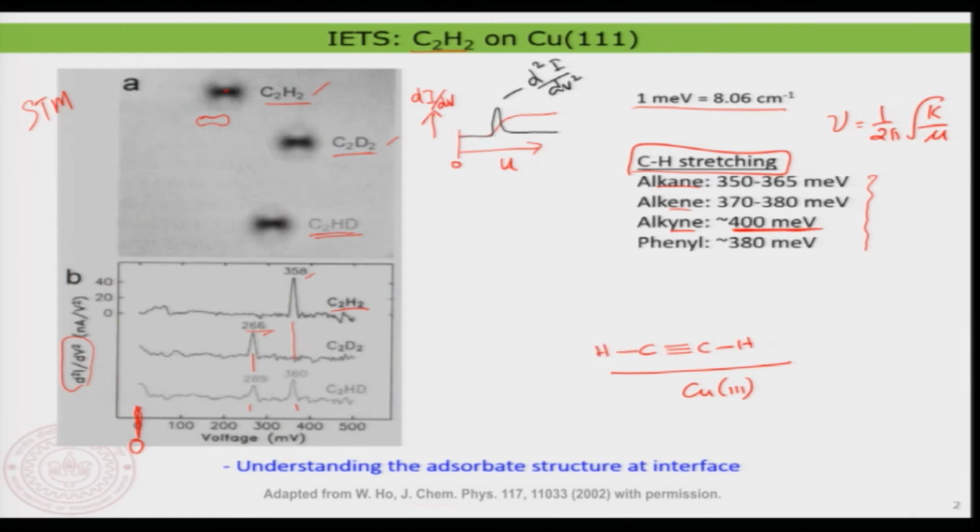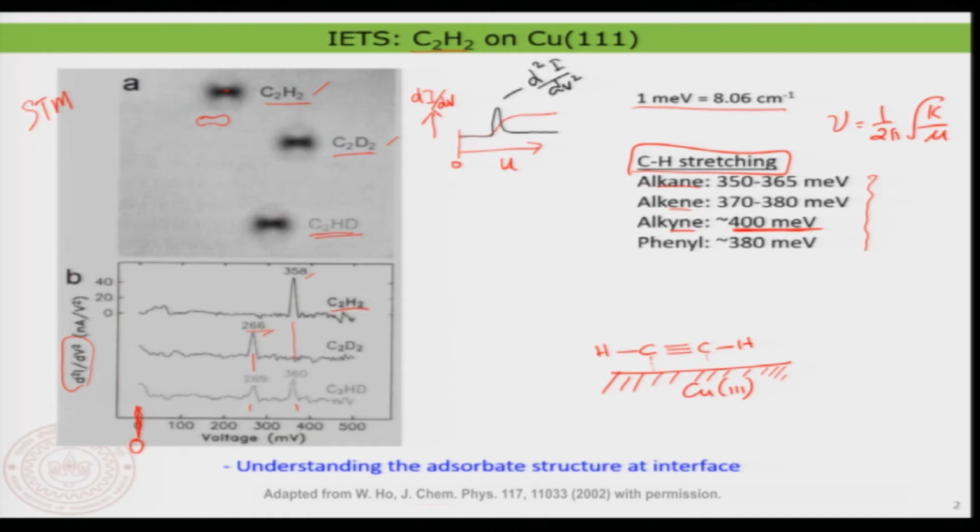But now, the interesting thing is that the copper surface and the alkyne molecule are interacting strongly with each other. So, there is a strong interaction between the carbon and the surface.